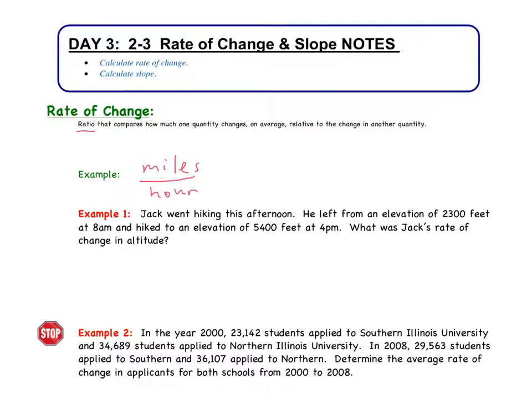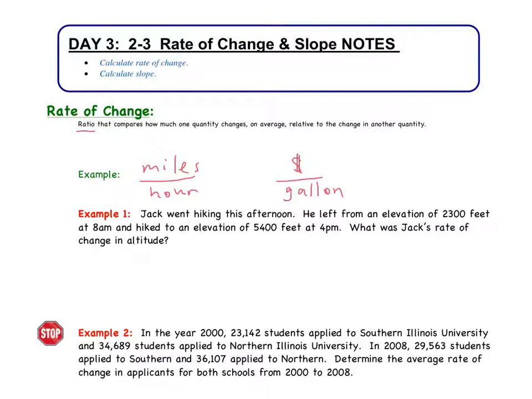We're comparing the average miles to the hours that we're driving, okay? Another thing related to driving is how much does gas cost? So the gas might be considered dollars per gallon. So both of these examples represent a rate of change.